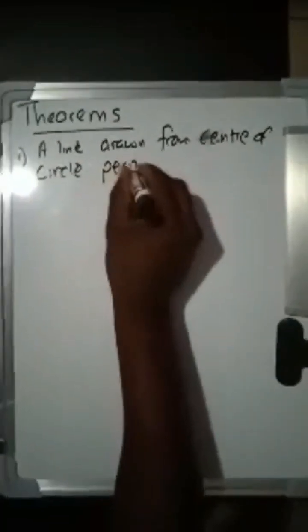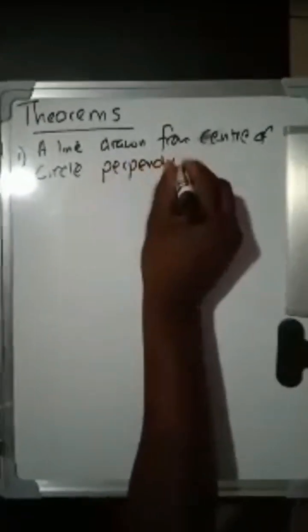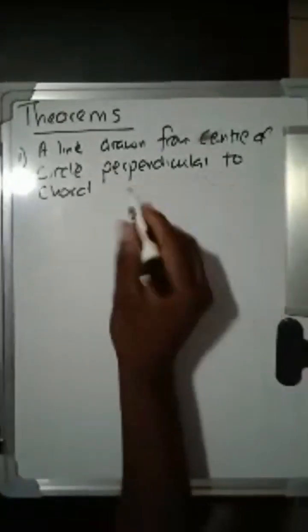Perpendicular to chord. Now we know what the chord is. Perpendicular means to say it meets the chord at 90 degrees. What does it do? So the one that I write in red is what it does.